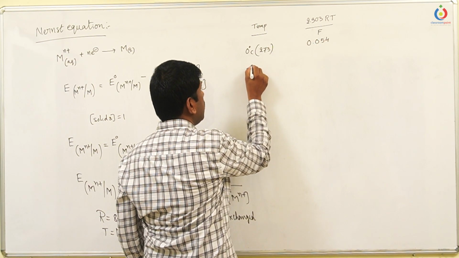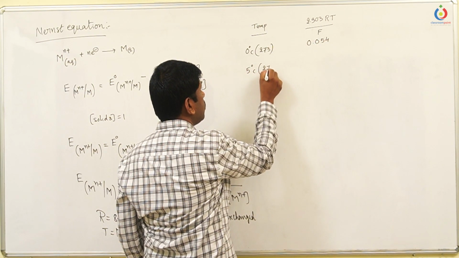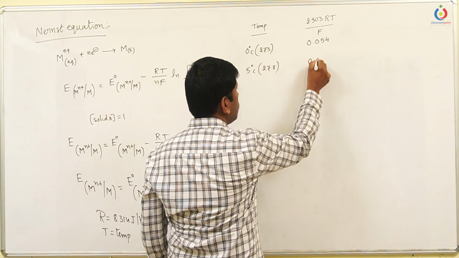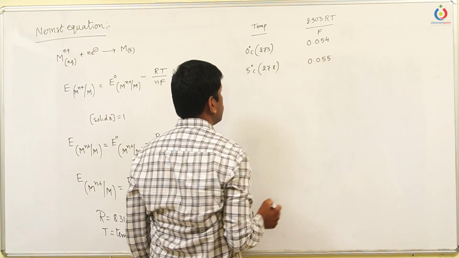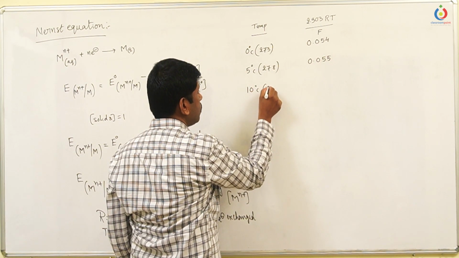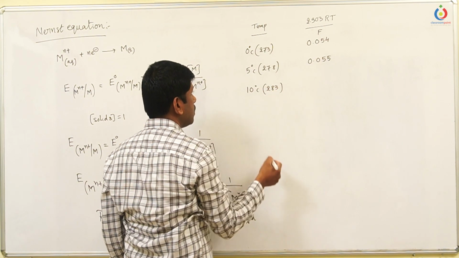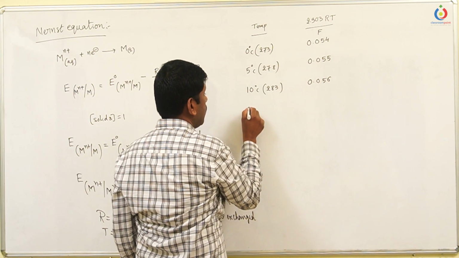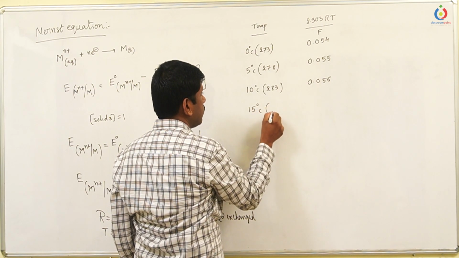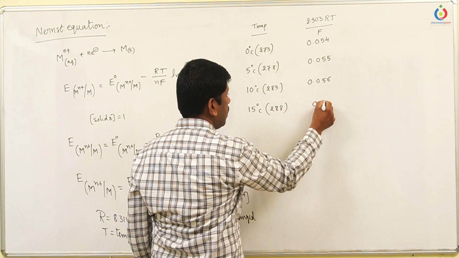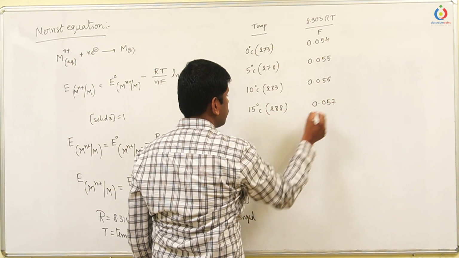If you take 5 degrees centigrade, that means 278 kelvins, this value becomes 0.055. At 10 degrees centigrade, 283 kelvins, it becomes 0.056. At 15 degrees centigrade, 288 kelvins, this value is 0.057.